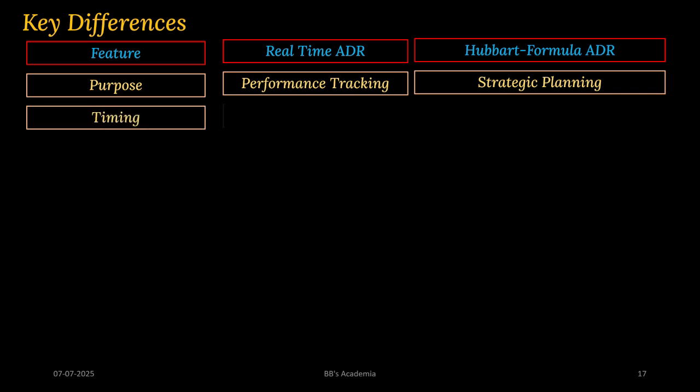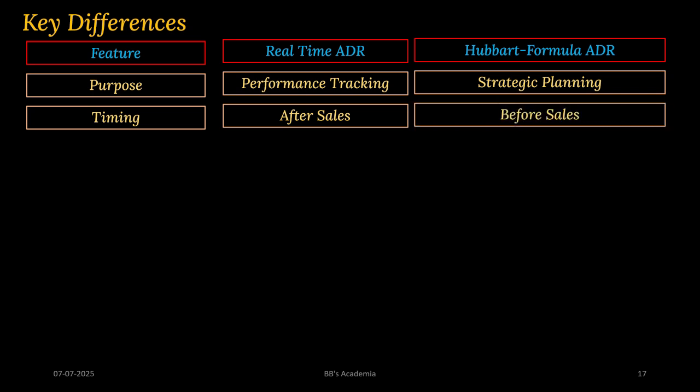Okay. Timing. This real-time ADR is calculated after the sales. Once it is sold, then only you can calculate. Obvious. Our formula is calculated before to get a strategic idea of what should be our standard ADR. Got my point? So it is before sales.